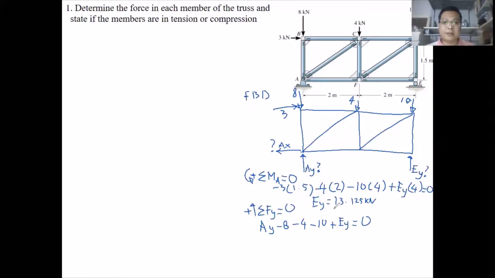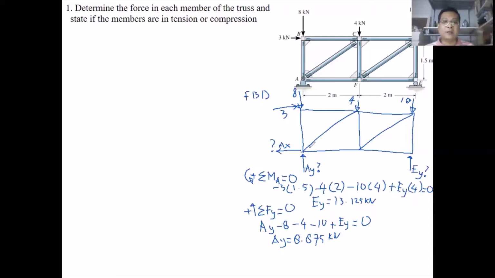Because EY is already known, just calculate to find AY. Based on our calculation, we find 8.875 kilonewton. Because the result is positive, the direction is correct, upward.